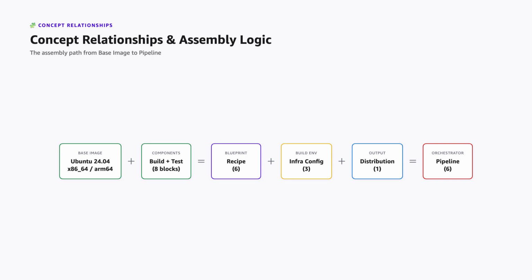We combine that recipe with an infrastructure configuration, which says where to build it, and a distribution configuration, which says where to ship the result. Bring those three together, recipe, infrastructure, distribution, and you get a pipeline, the orchestrator that runs the build on a schedule and produces the finished AMI. Every resource in this solution exists somewhere along that path, and once you can see the path, the rest of the design is just detail.